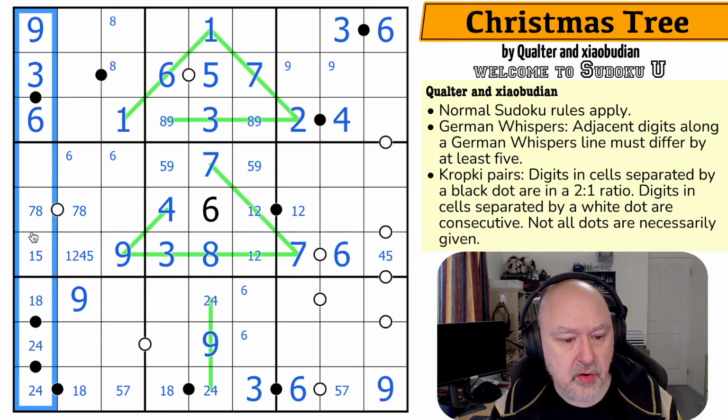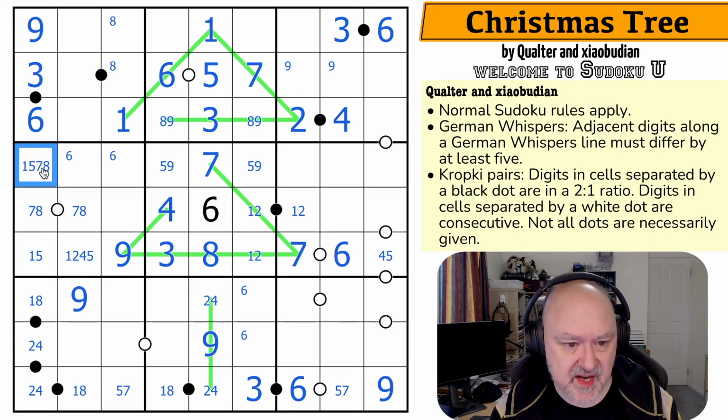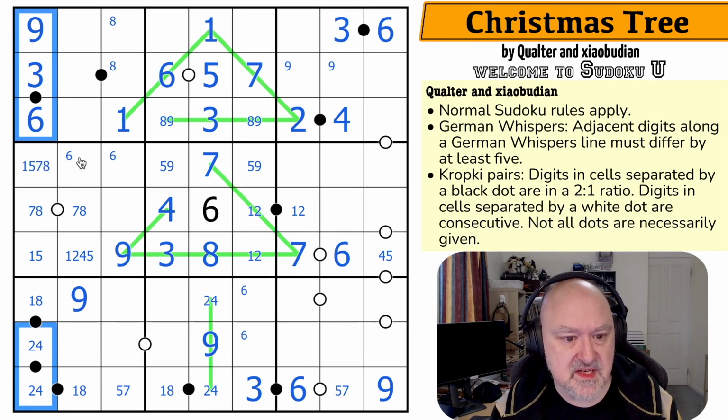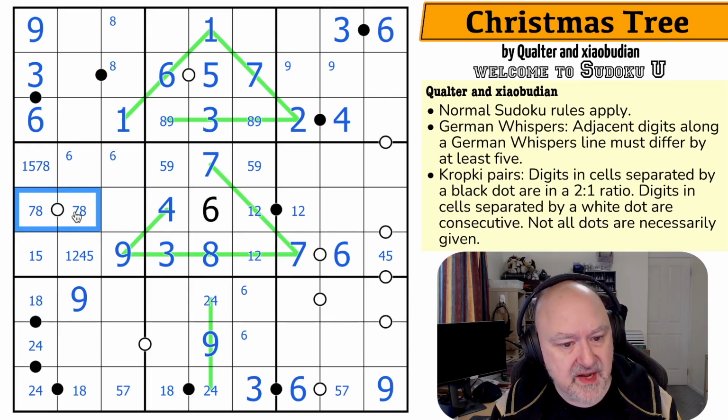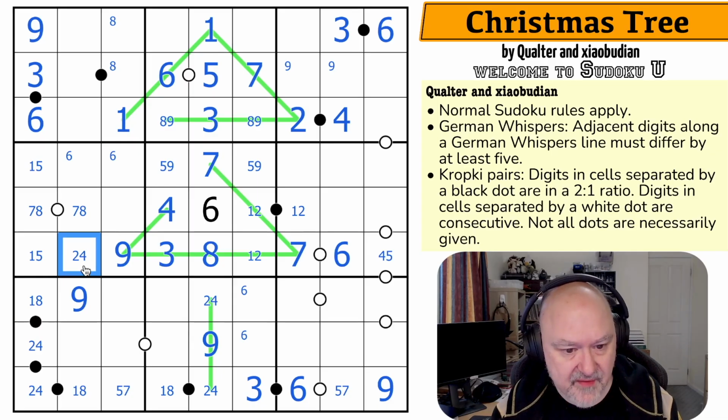Missing from this column is from 1, 5, 7, 8 is the way to look at it, because I've got 2, 4, 3, 6, and 9. So 1, 2, 3, 4, 5, 6, 7, 8, 9. So these are from 1, 5, 7, 8. But 7 and 8 are already in this box on the white dot. So this can't be 7, 8, which makes these a 1, 5 pair, which takes 1, 5 out of there.